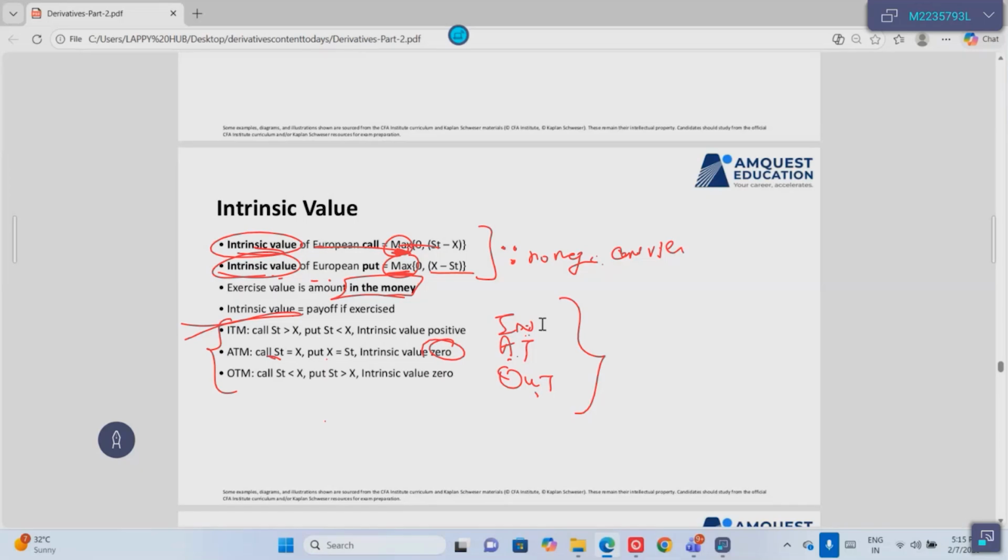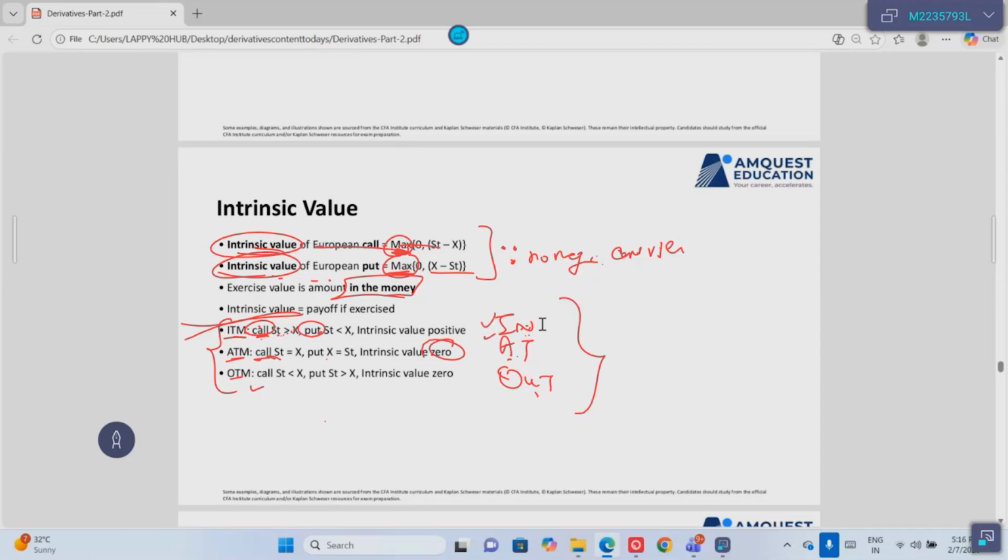And so you should understand what in the money, at the money, out of the money is from a call option and a put option. In a call option, obviously you want your exercise price, correct? And you have this. So you have to look at the difference between the two, from a call point of view and from a put point of view. Based on that, the amount can be changing, right?